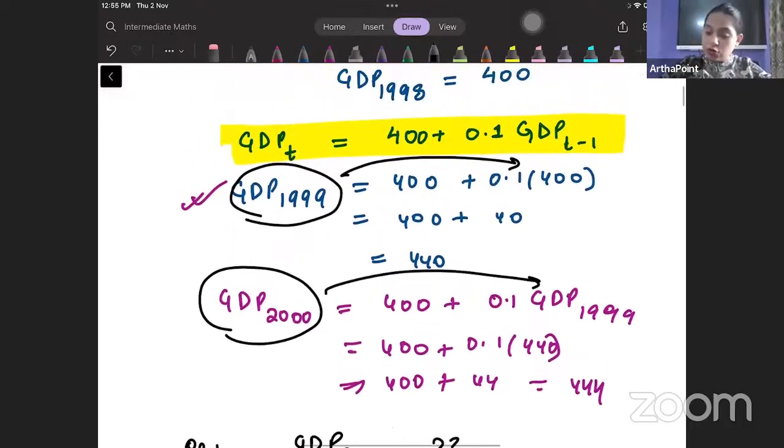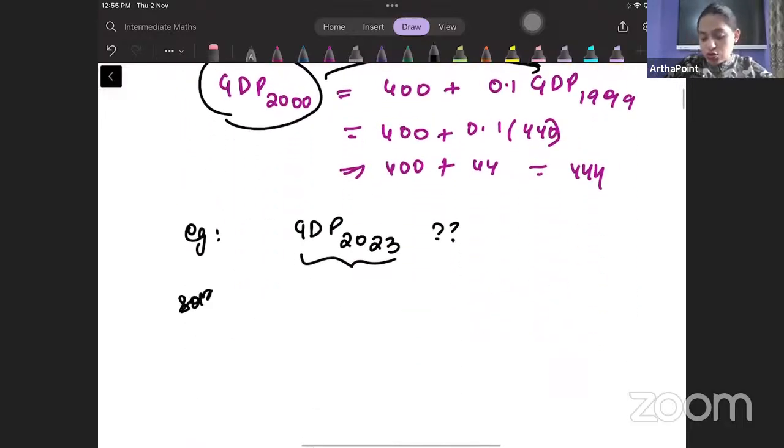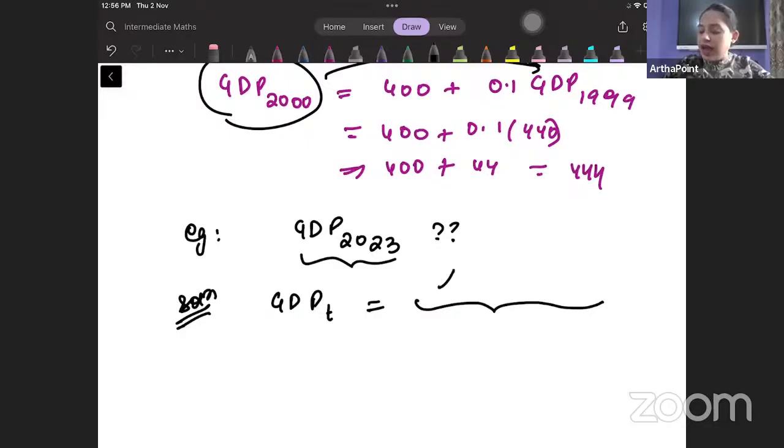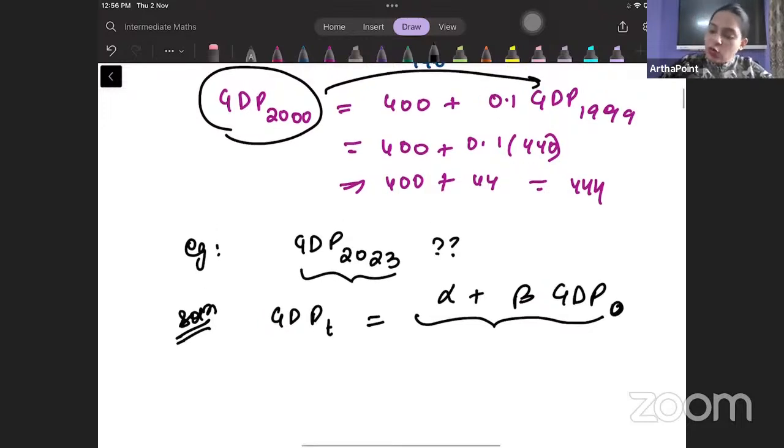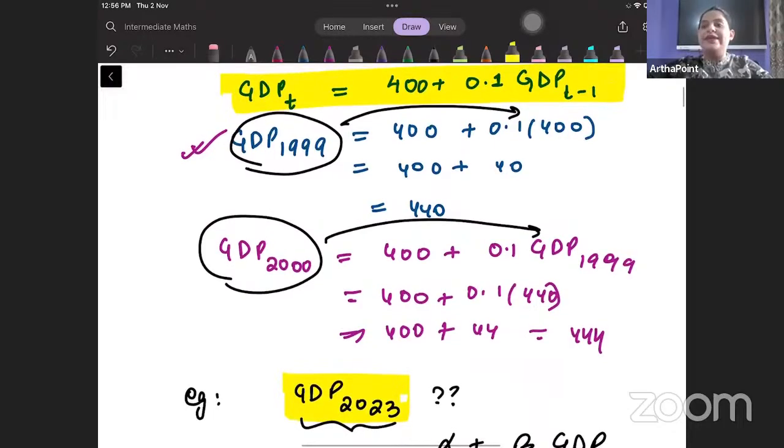We need a formula. We need a solution which links GDP of period T directly, alpha plus beta, to GDP of period 0. I need this formula. Even if you're asking me the GDP of 2023, I should not be going in this iterative manner.